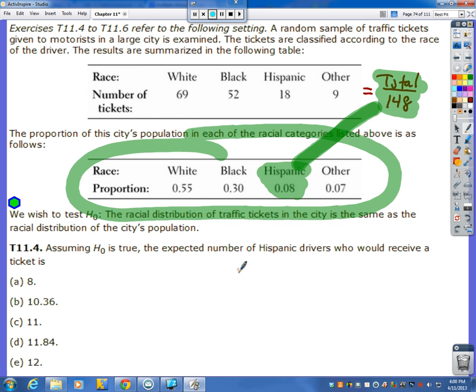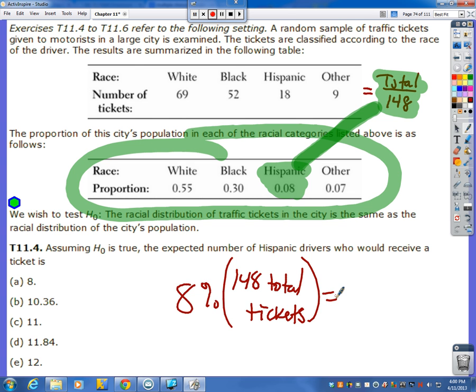So 0.08 times 148, we would expect 11.84 tickets to go to Hispanic drivers out of 148. We actually saw 18, which is more than what we expected. So anyway, our answer here is D.